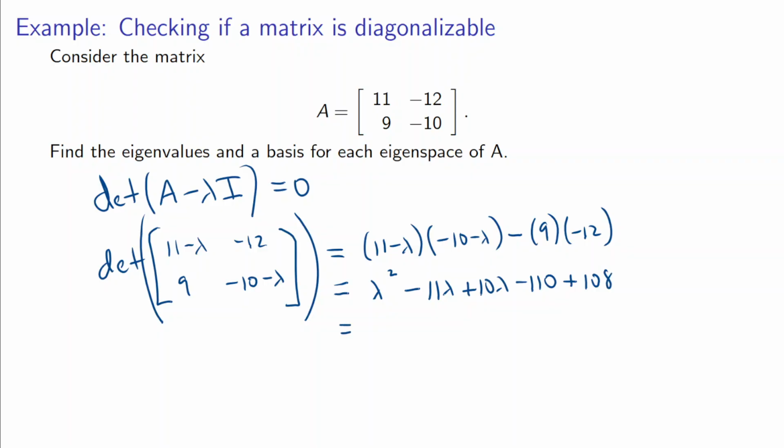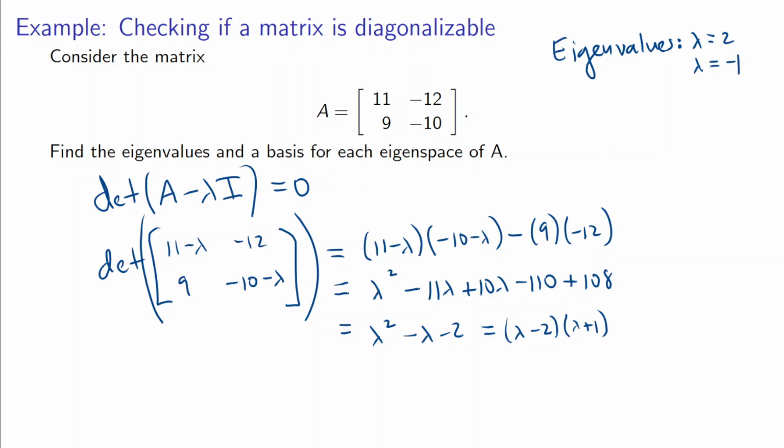Okay, and then this simplifies to lambda squared minus lambda minus 2, which we can factor to lambda minus 2 times lambda plus 1. So we set this equal to 0 and solve it for lambda. We find that our eigenvalues are lambda equals 2 and lambda equals minus 1.